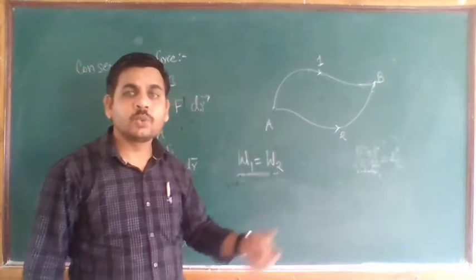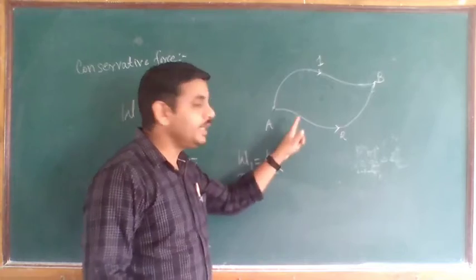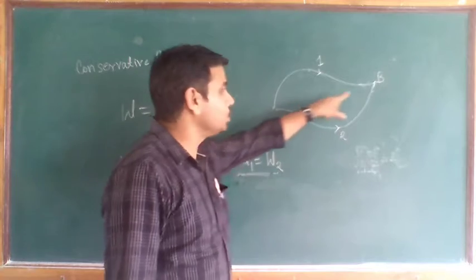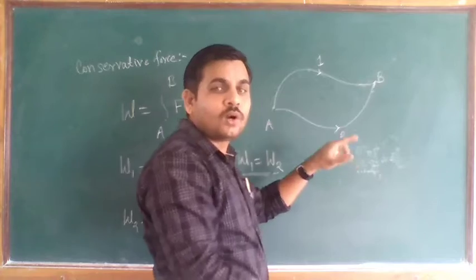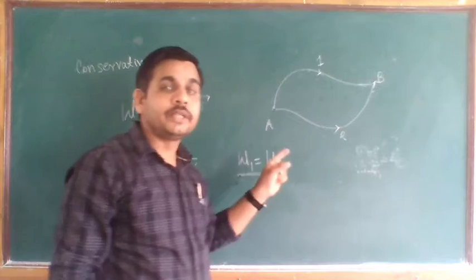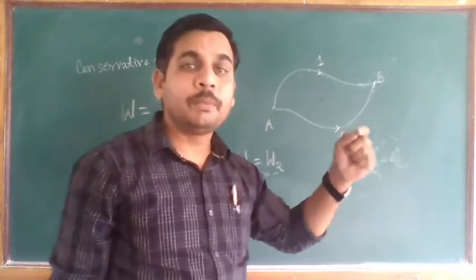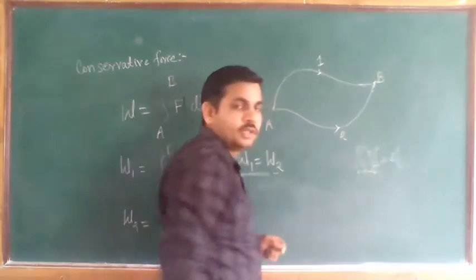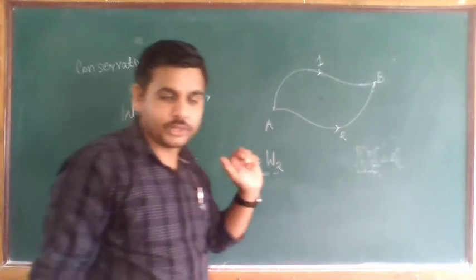So this work done by that force is independent of the path, whether path 1, path 2, or any other path we consider, but depends on the end positions. It is independent of any curved line, and depends only on the end points, point A and point B.